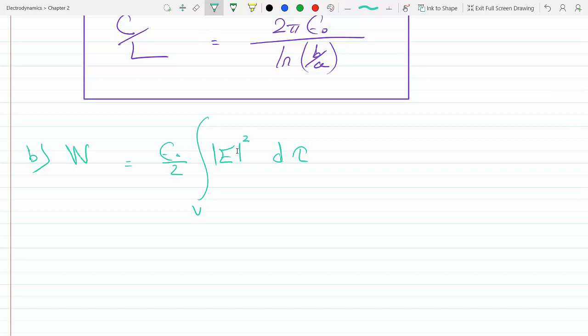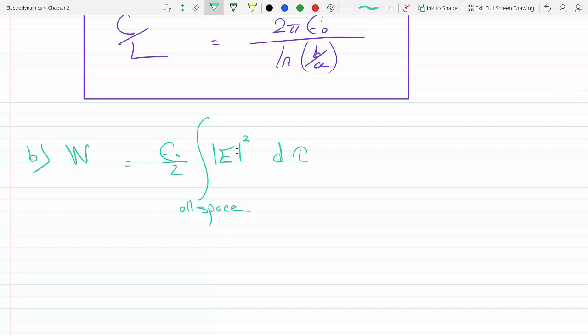And by the way, the way this formula is derived, you are actually integrating over all space. Why? Because technically this is not the complete formula.